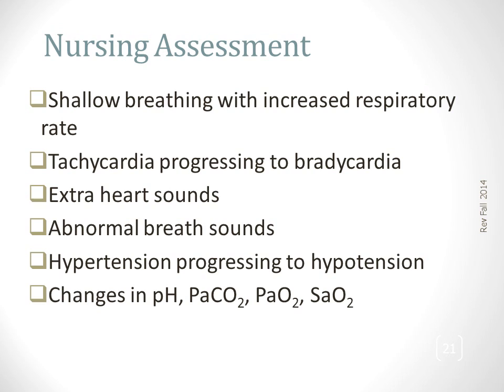But we know that when the J receptors are stimulated, we're going to have bradycardia and hypotension. So initially, in terms of trying to maintain homeostasis, we can increase respiratory rate, increase heart rate, and increase blood pressure. But once the pulmonary edema gets bad, J receptors kick in, we have increased respiratory rate, hypotension, and bradycardia.